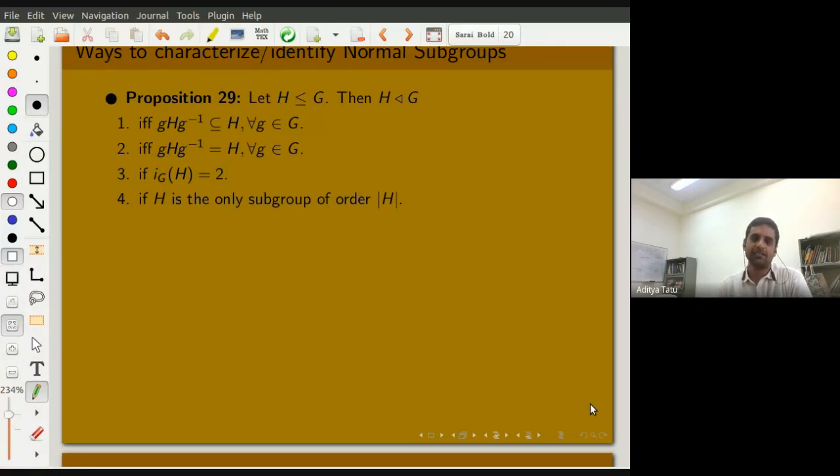It says that if H is the only subgroup of a particular order, then that subgroup has to be a normal subgroup.